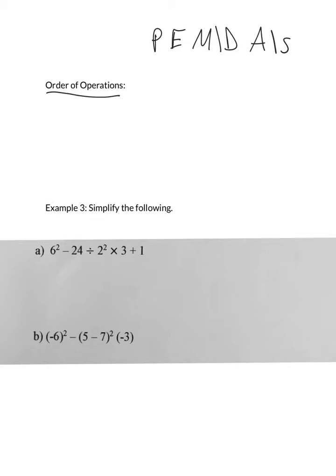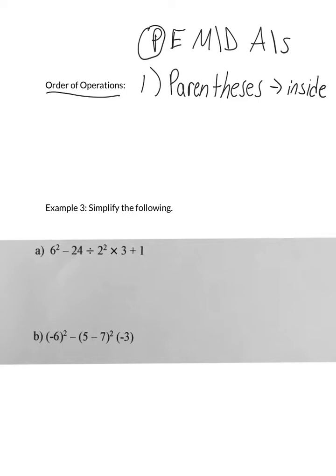Starting with the P in PEMDAS, the P stands for parentheses. Specifically, in any type of math you're studying, you'll always do inside parentheses first. Keep in mind, parentheses means any grouping symbol.